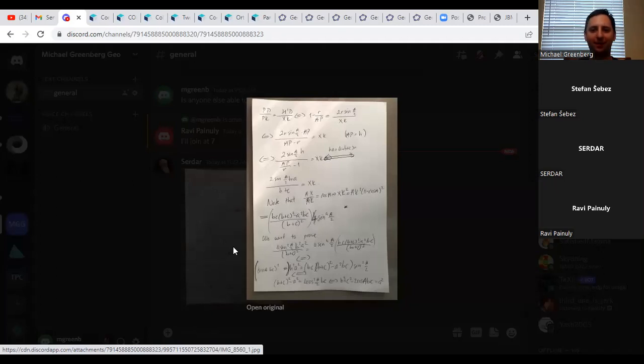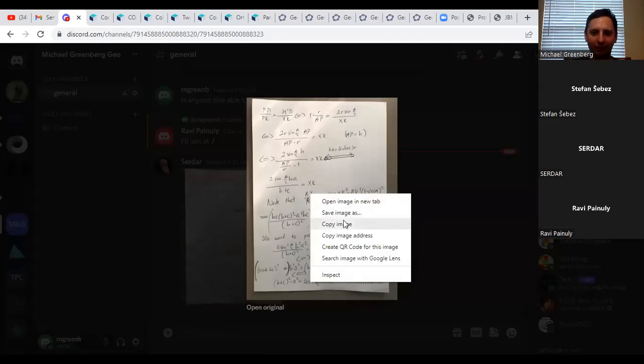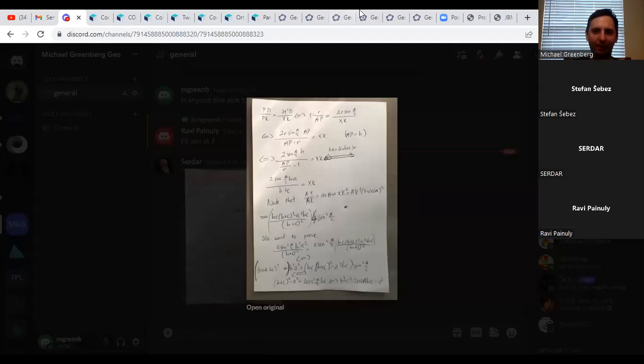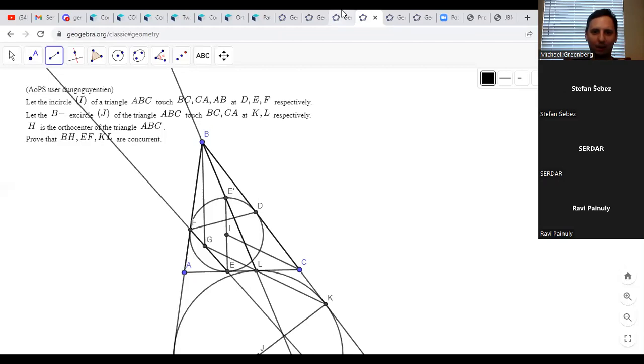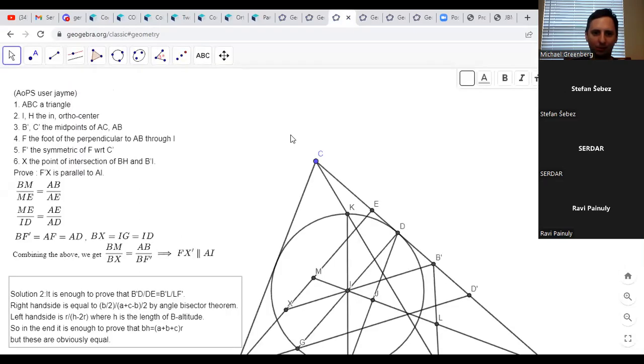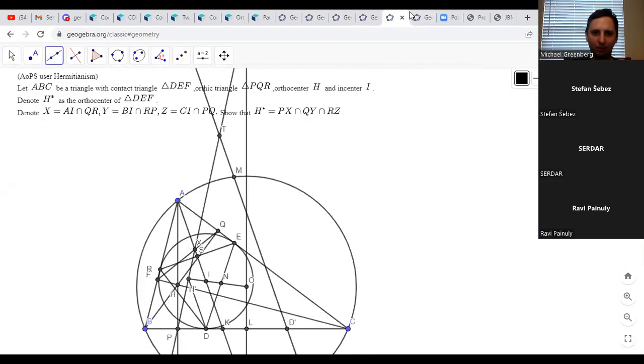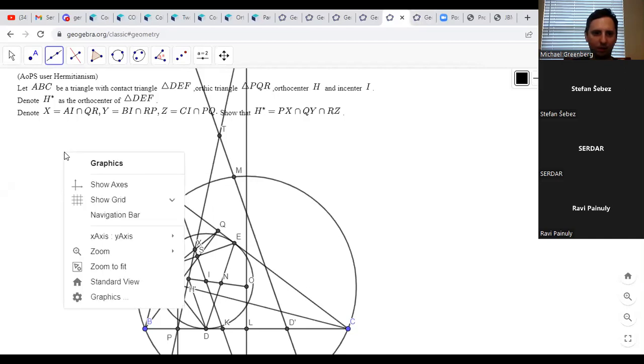Yeah, wow. That's pretty interesting. I'll have to look at it more after the session. Actually, let me see if I can copy this image into GeoGebra. I think it should be doable. Let's try it.